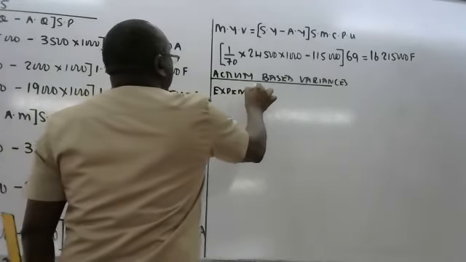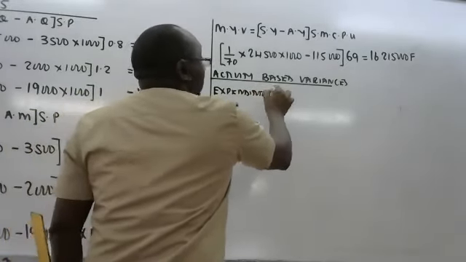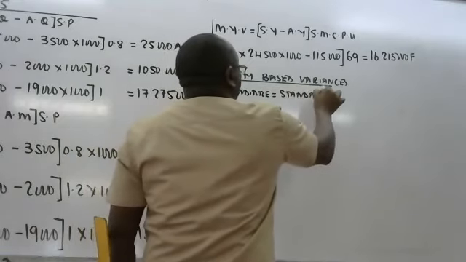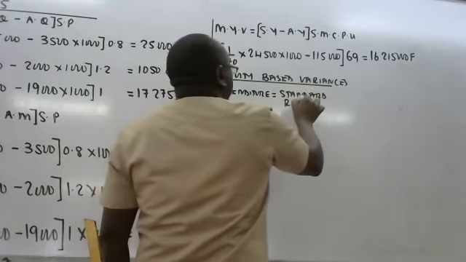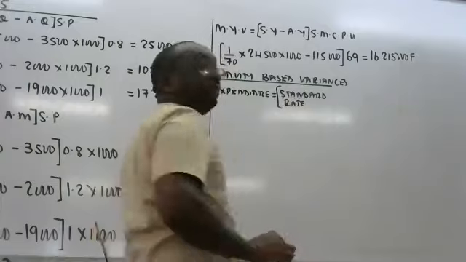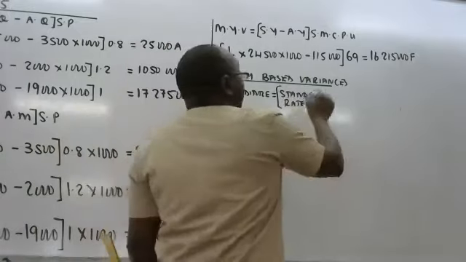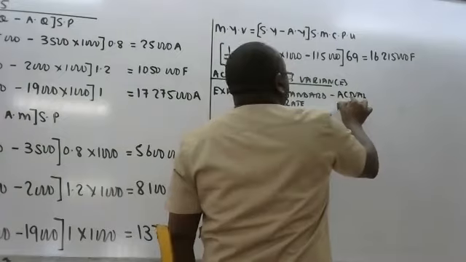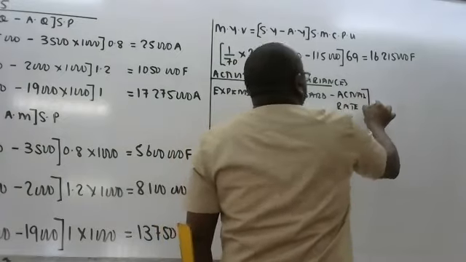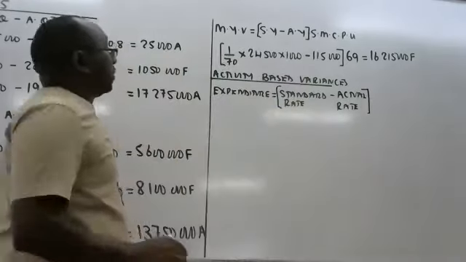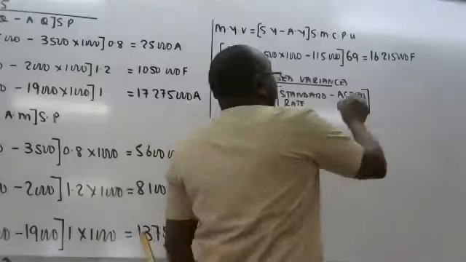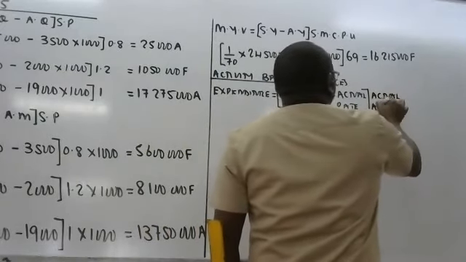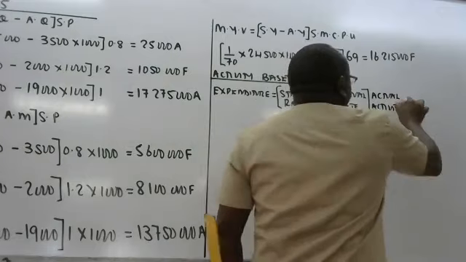Now, expenditure is given as a standard rate. Standard rate, obviously standard activity rate minus actual rate. You multiply by actual activities.